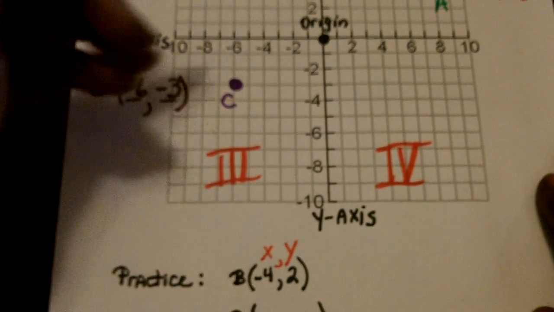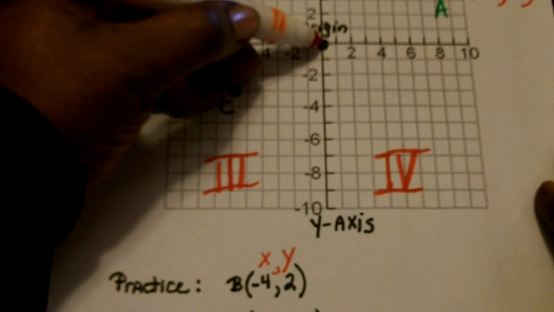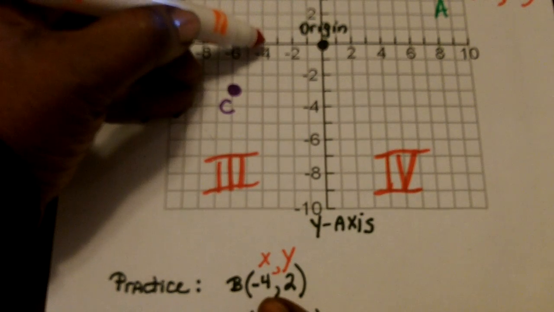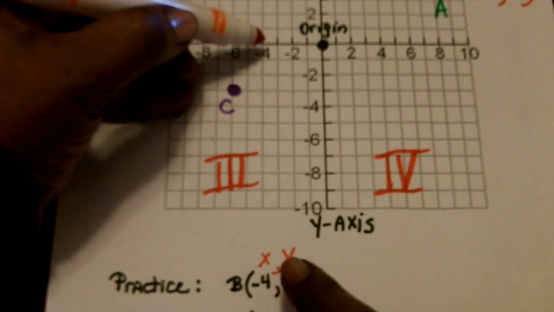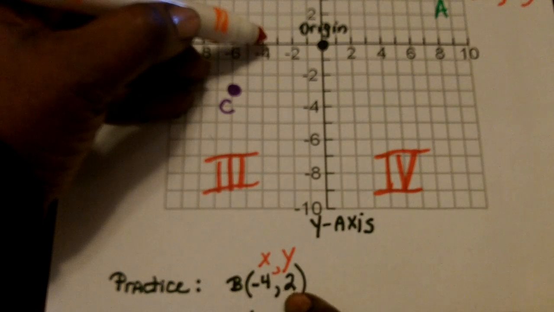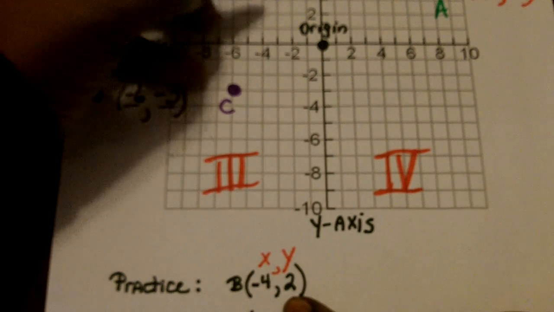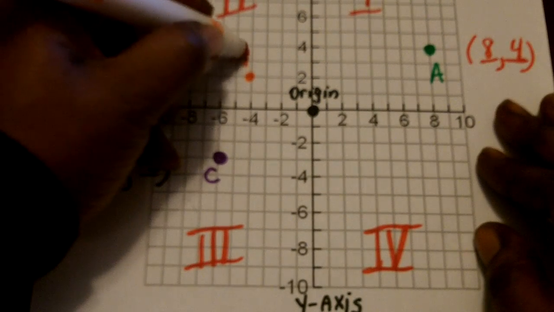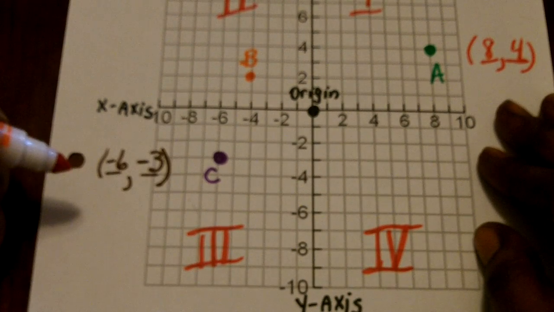So that means from the origin, I'm going to move along the x-axis until I get to -4. And then I'm going to move along the y-axis, or the y direction, and I'm going to move up 2 places. And what you have here is point B.